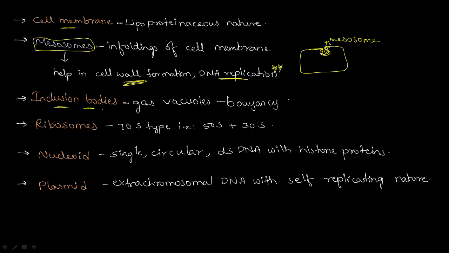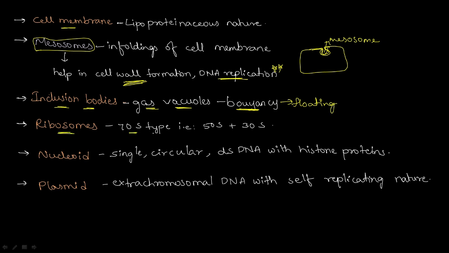Inclusion bodies are structures which hold some substances and perform a particular function. Gas vacuoles are a kind of inclusion body which help in buoyancy, that is, they help in floating of the organism.